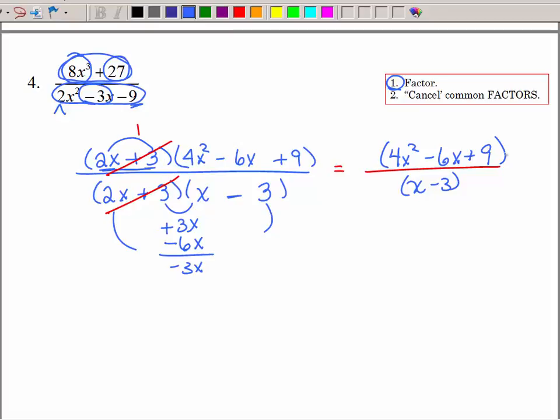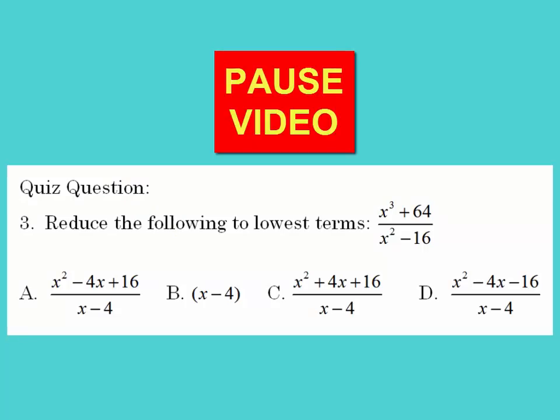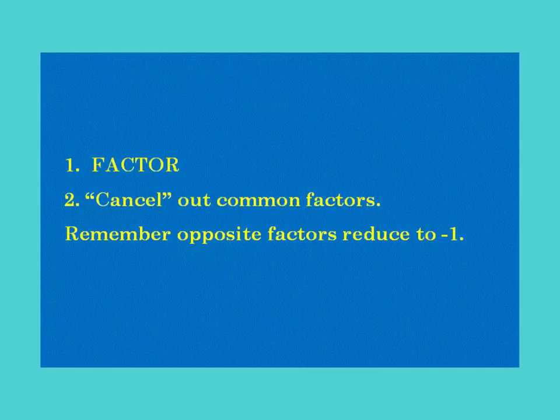You could have left them out, wouldn't have made a difference. But be safe rather than sorry. Right, so again, you want to factor, and then you want to cancel out any common factors, and you also don't want to forget those opposites.